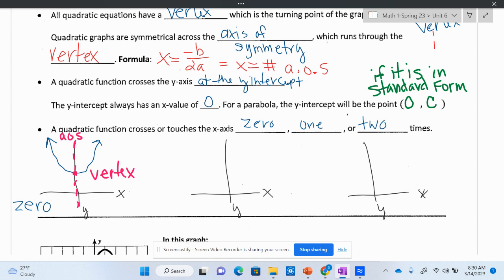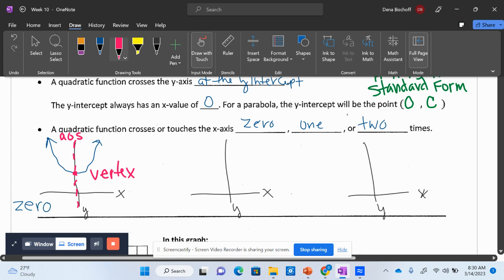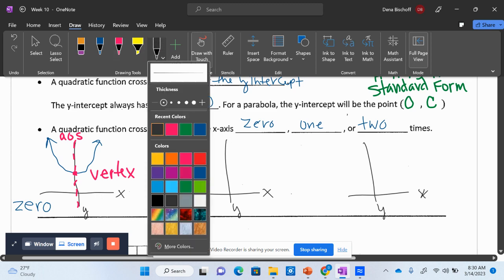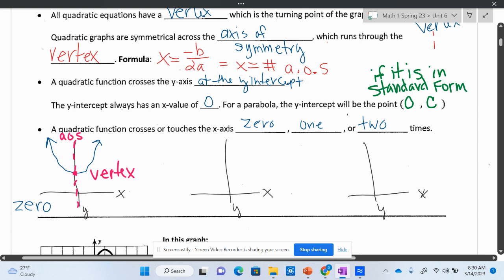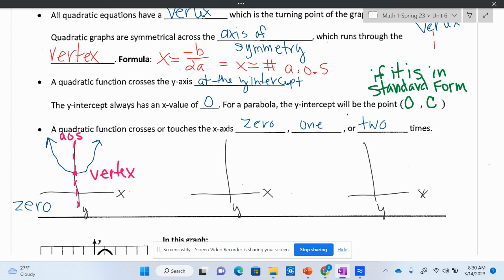Let's do an example of when it crosses, or maybe not crosses, but touches one time, okay? So an example of when your parabola would just cross or touch the x-axis one time is something like this. So I'm just touching the x-axis right there.